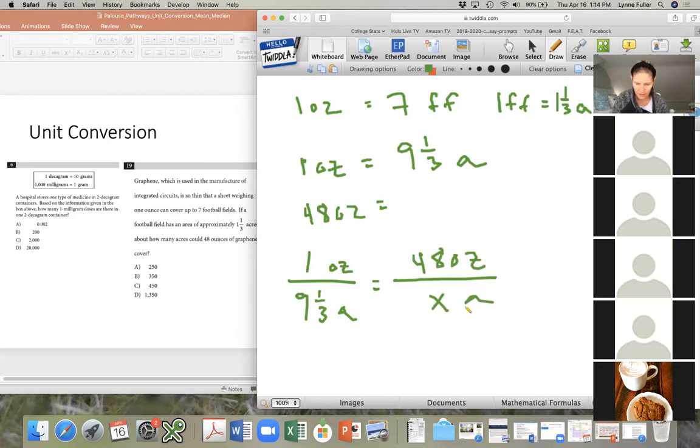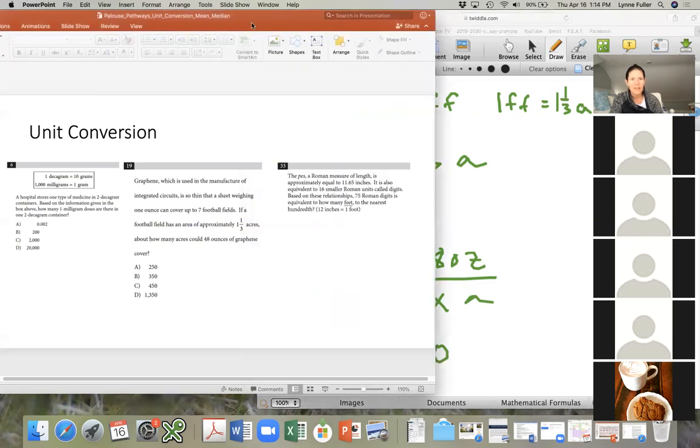So then we can cross multiply and divide, and 48 times 9 1/3 is 448 acres. If you divide that by 1, it's going to remain the same. So what's your best approximation? 450 acres, which is our option here. When I send this along later, I'll include the answer choices as well.